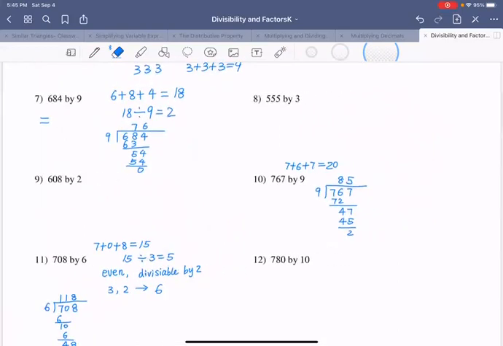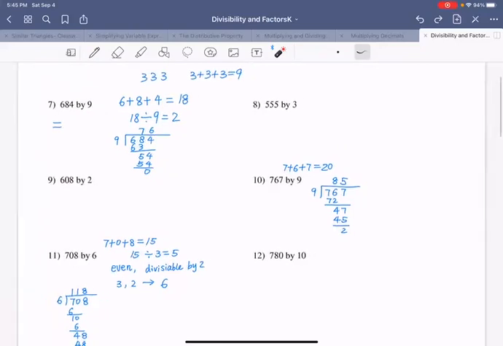Look, this one. I can tell this guy is divisible by 18. Why? First, divisible by 9. Second, even number. So this number will be divisible by 18. Make sense? Does this make sense? Jason, does this make sense?